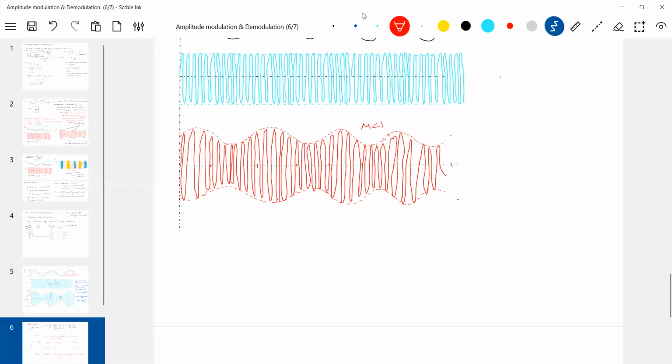For mu equal to 1, it may not be up to scale; I'm finding it a little difficult.